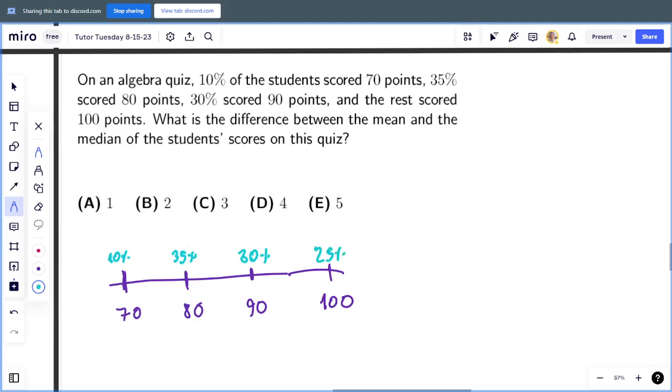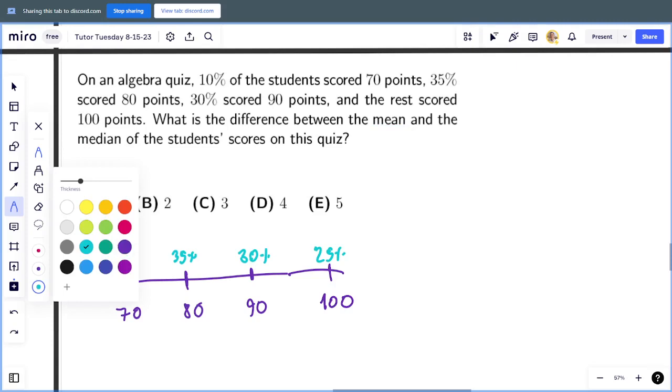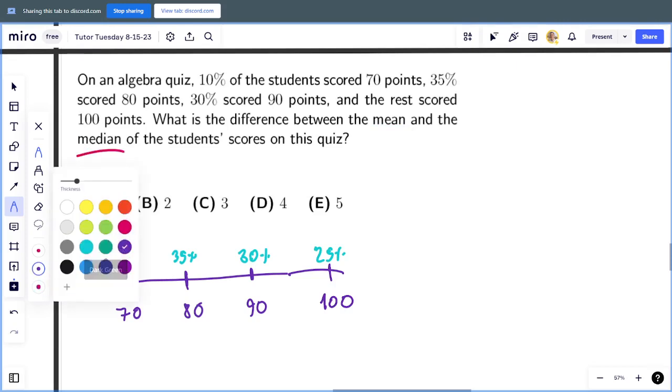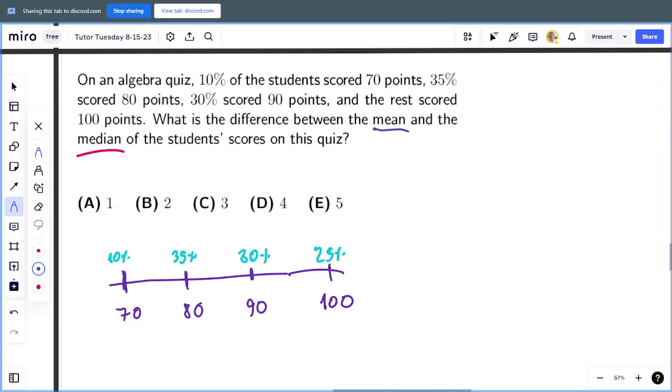We want to find the difference between the mean and the median of the students' scores. Let me do median in red and the mean in blue. The median is just the 50th percentile, the middle number relative to all the students, location-wise.